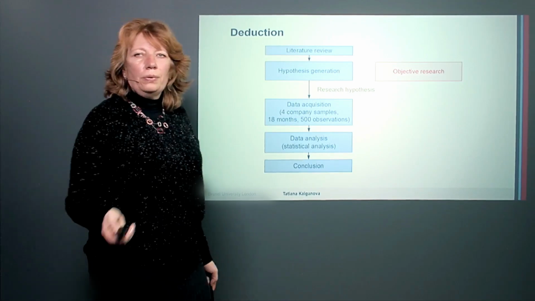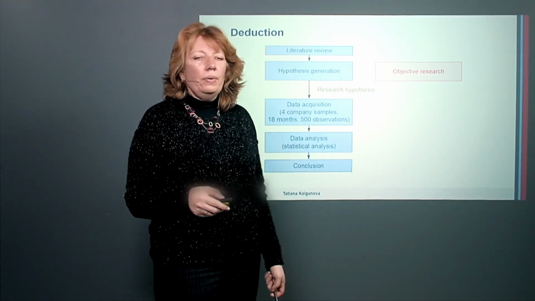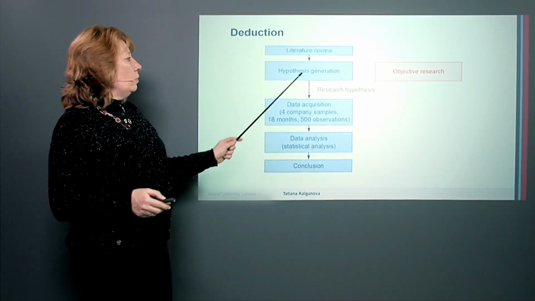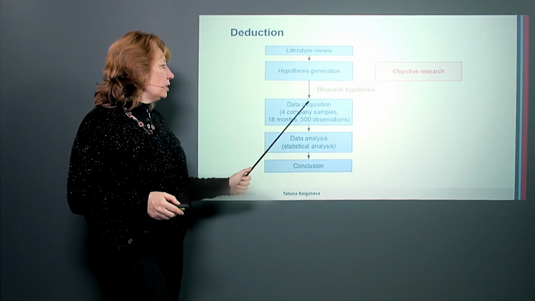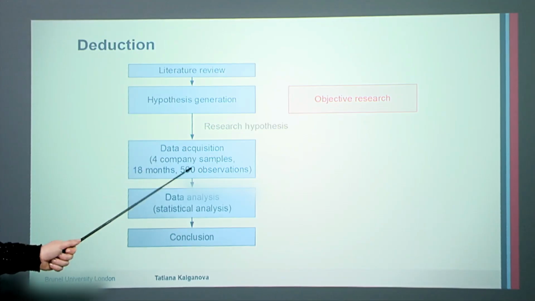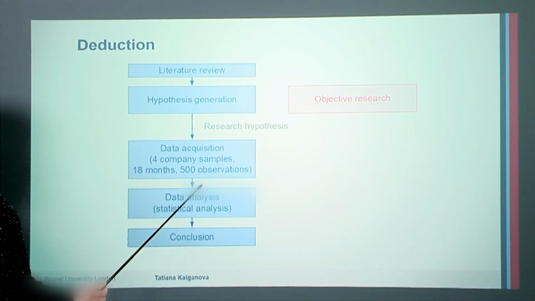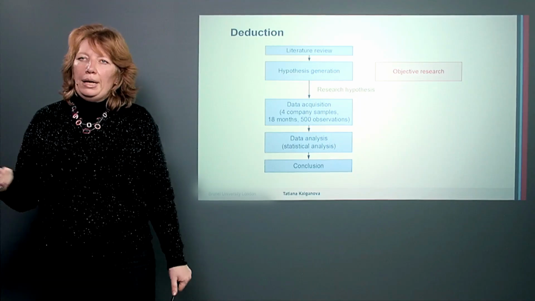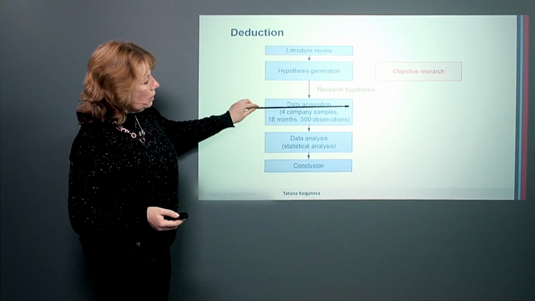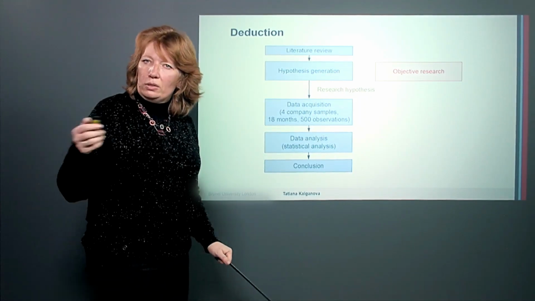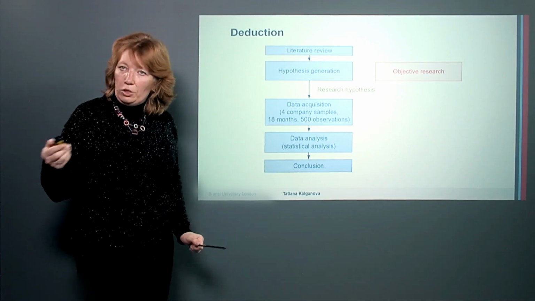Another example, looking at deduction, we can have a look at a literature review where we had hypotheses generated and data acquisition done for 4 company samples, 18 months, 500 observations, and we were using statistical analysis. Again, we can go through every single step of analysis, objectivity and subjectivity in our research process.